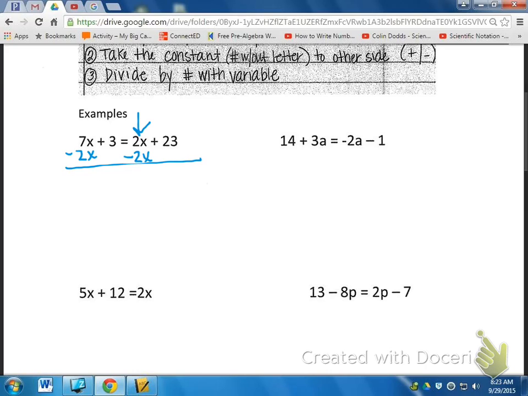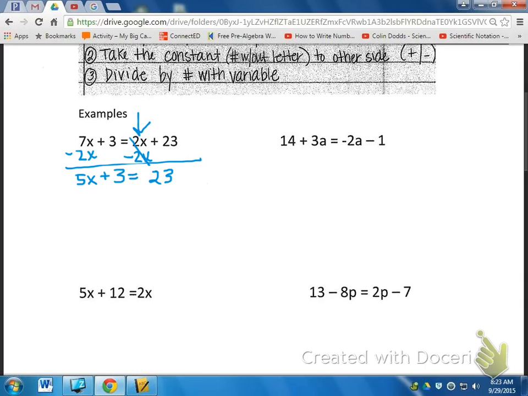So 7x minus 2x is 5x plus 3 equals. Mark out those two x's and bring down 23. And now we're at a two-step equation like we did last week. So I go where my x is. It's on the left.